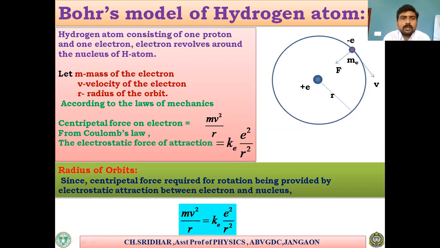Since the centripetal force required for rotation is provided by the electrostatic attraction between the electron and proton, we have mv square by r is equal to ke into e square by r square, where the left hand side, the LHS, is the centripetal force and the RHS is the electrostatic force.